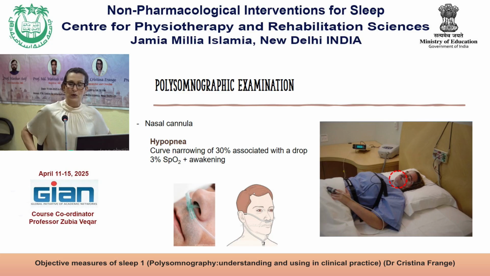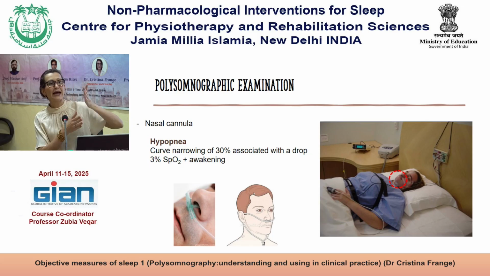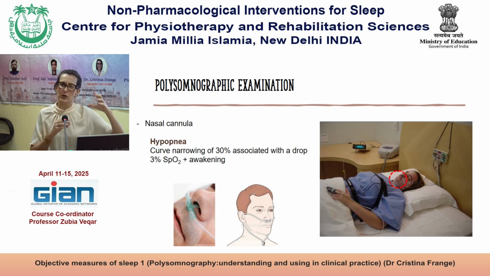So these variables are not analyzed alone. They are analyzed as a collective of variables, all together. The apnea, stop breathing per se, needs to have a 90% narrowing of the curve, and is usually seen in the temperature sensor that we can see here.